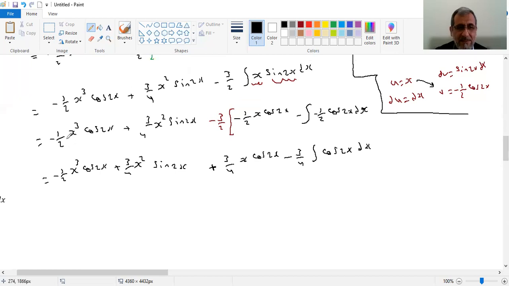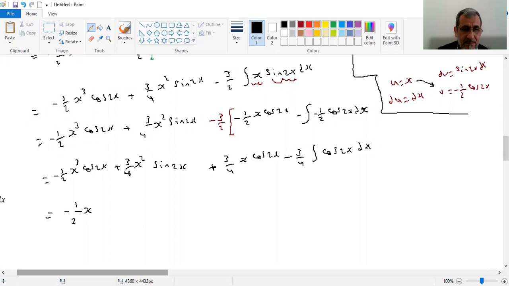Let's check now: this one negative half, and here 3 over 4 x squared sine 2x, and here negative positive, 3 over 4 x cosine 2x. Here negative positive, but there is a negative, so it will be negative 3 over 4, because 2 by 2 is 4, integral of cosine 2x.